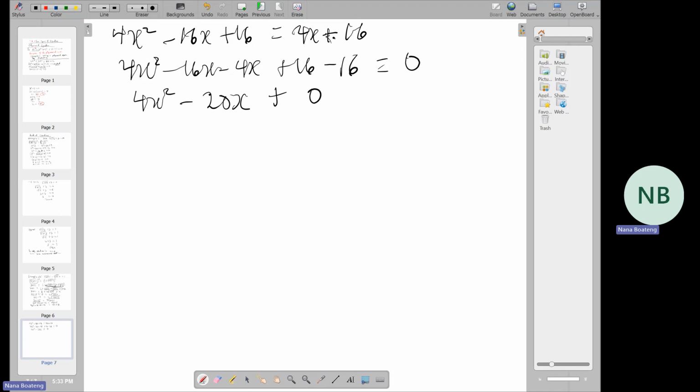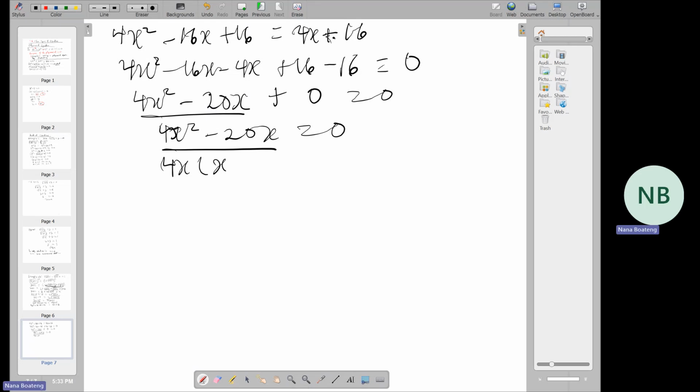So we have 4x squared minus 20x is equal to 0. So from here we can factorize 4x out of this. So we have 4x times x minus 5 is equal to 0.